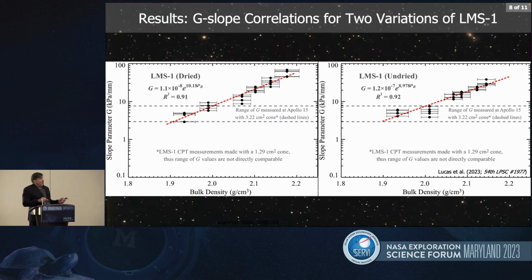And also, we're able to compare, for example, undried versus dried simulant, high fidelity versus simplified simulant, comparisons that will really help us select the appropriate regolith analog to replicate the lunar surface conditions in the laboratory once we start going to the moon with robots and humans.